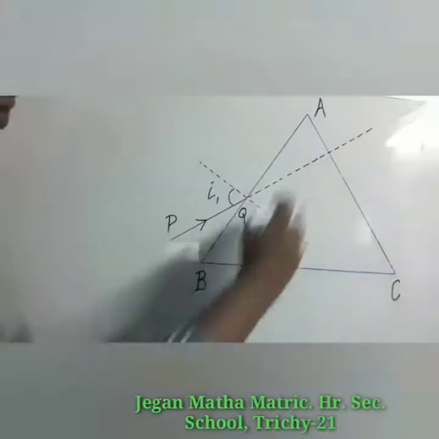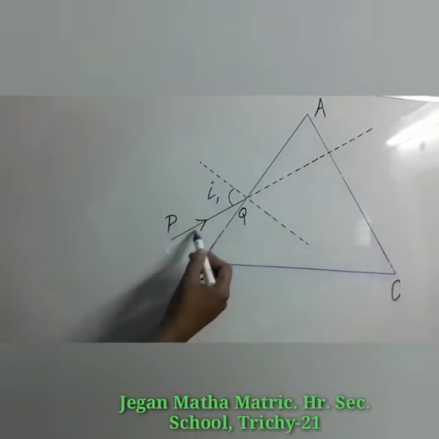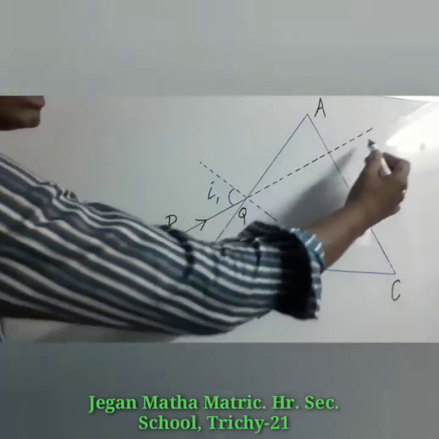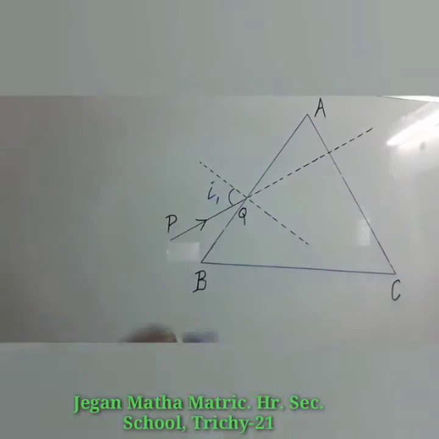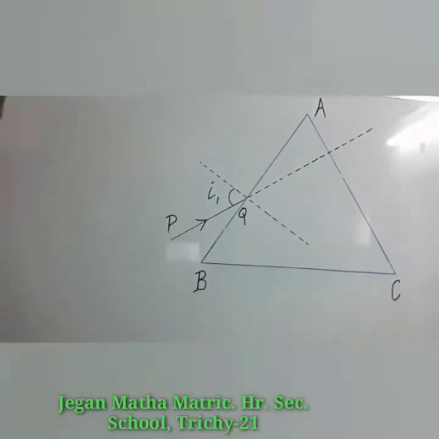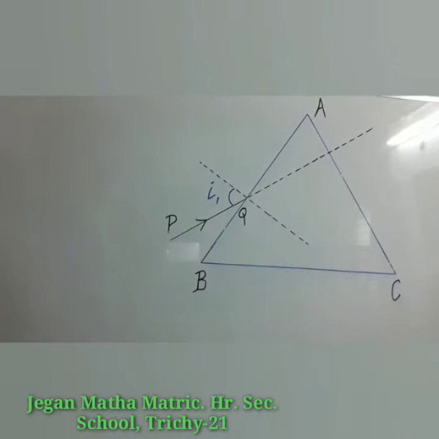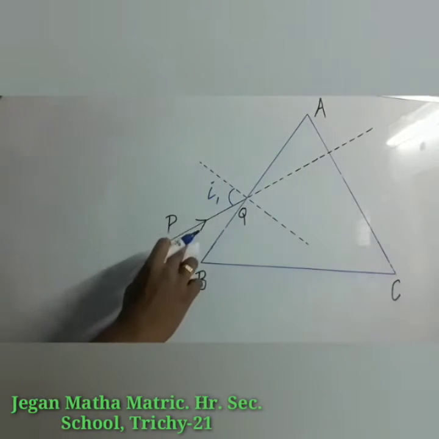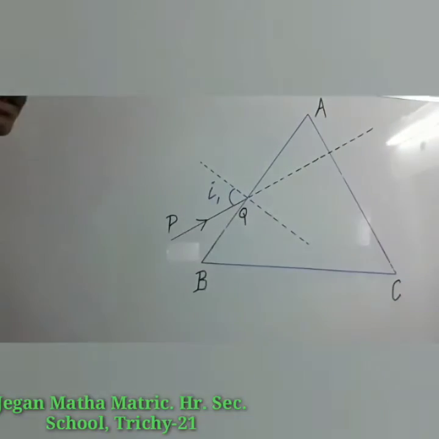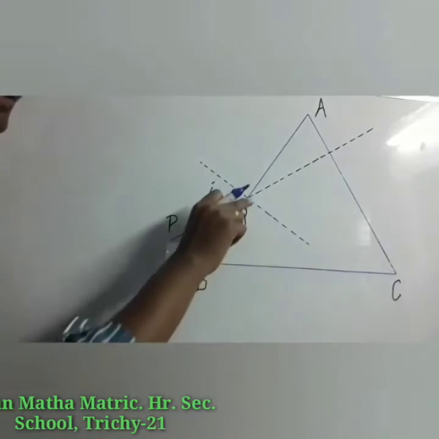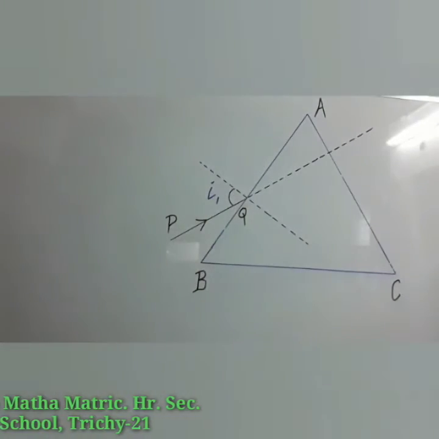If there is no prism, that incident light ray PQ travels in a straight line. But in the presence of a glass prism, that light ray will experience refraction. Since the light ray enters the denser medium from the rarer medium, the refracted ray will bend towards the normal.